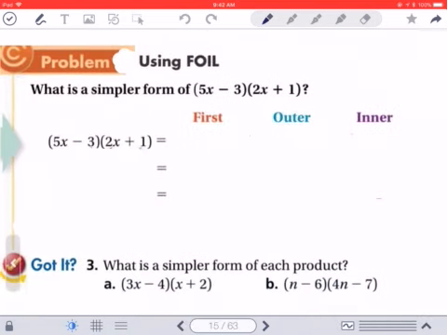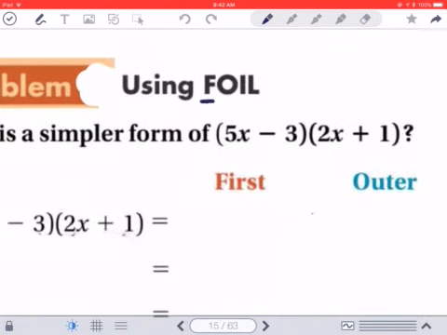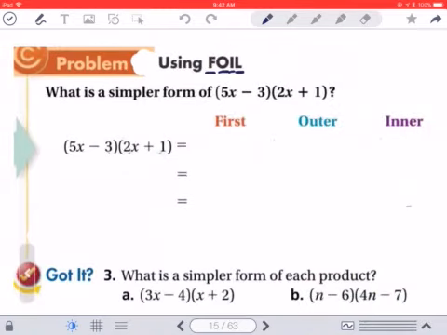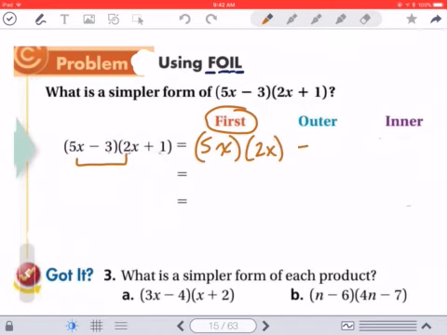When you see FOIL, the F stands for first, O stands for the outside terms, I stands for the inside, and L stands for the last. I would just use the box method, but I'm going to show you how to use FOIL here. First means you're multiplying the first terms. So I'm multiplying 5x times 2x, which will be 10x squared.